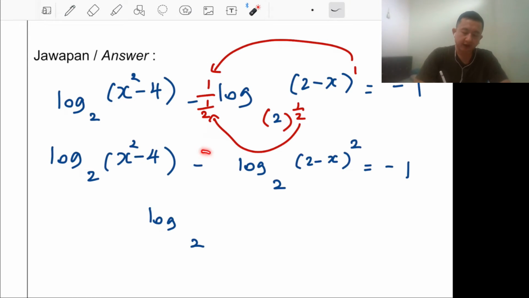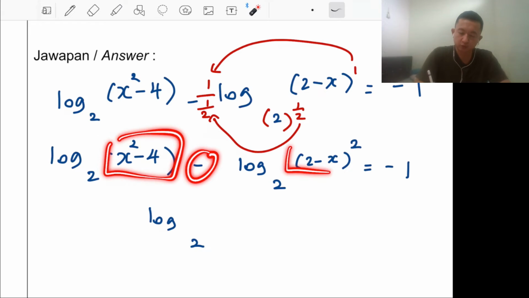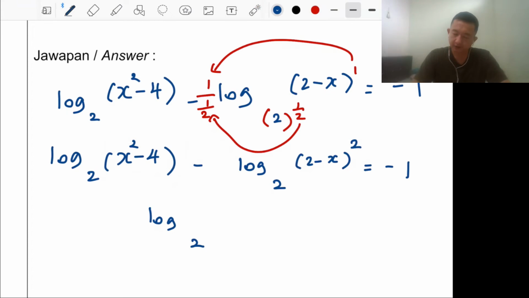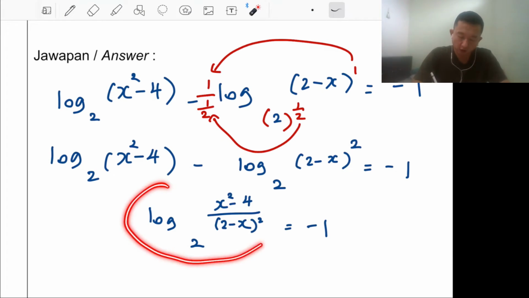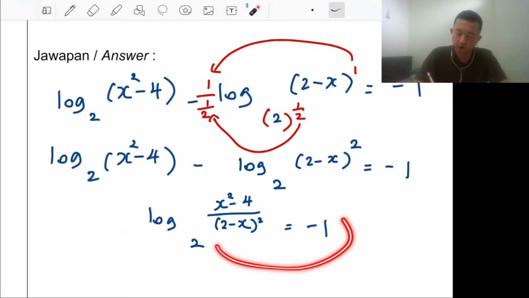Minus between the value, so we're going to have division, equals to -1. Once you have a single log, we change it to index form, exponential form.